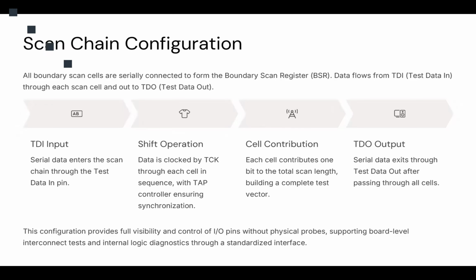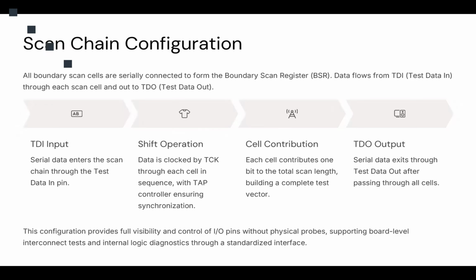Now, the scan chain allows serial access, so that the vector can be shifted through that series of scan cells. This shift is bit by bit, step by step, and it is triggered by an internal clock that we are also going to talk about. So the key element of this configuration is that the cells are serially connected.